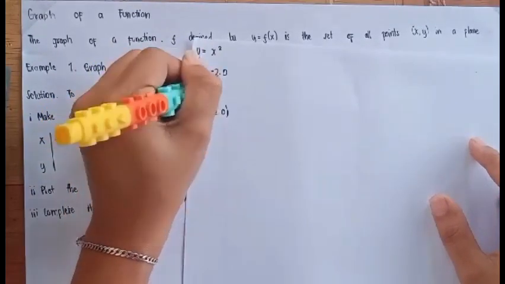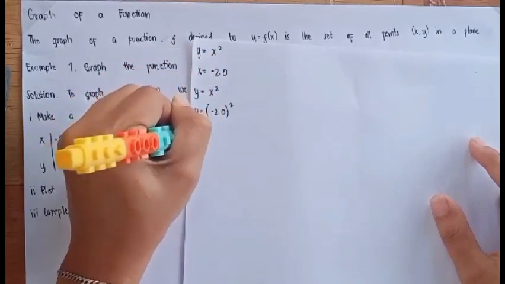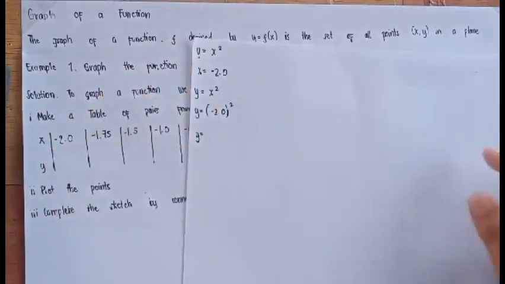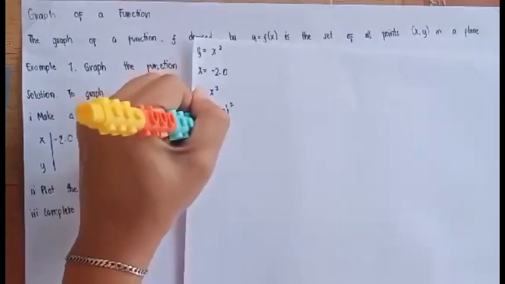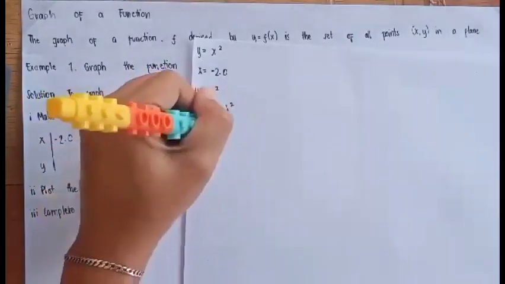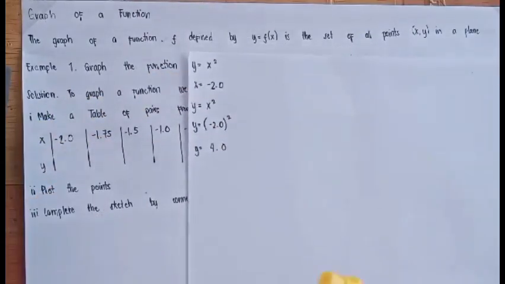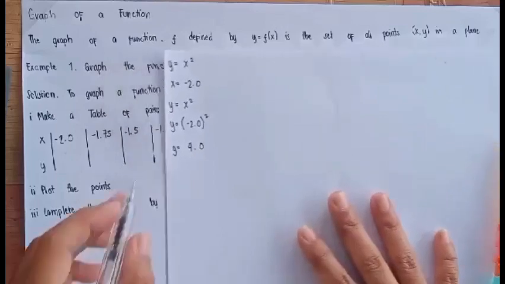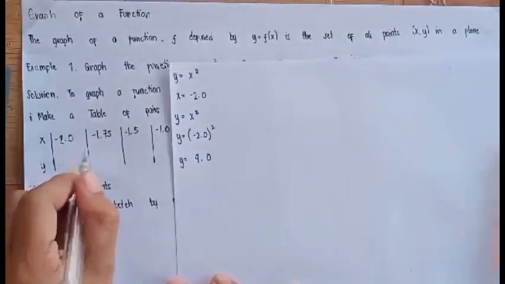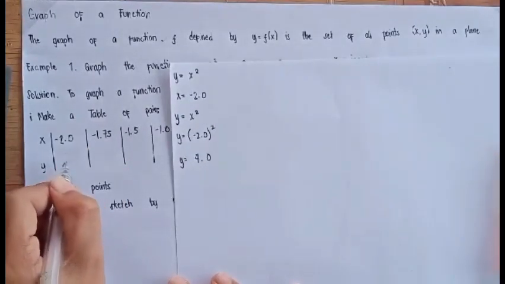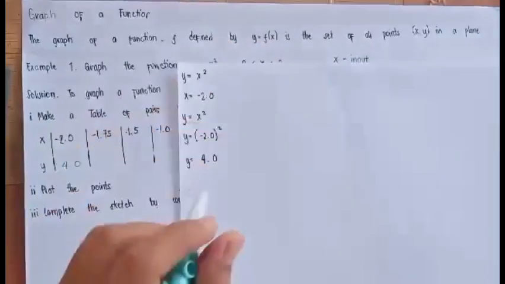Then the value of our x is negative 2.0 and then squared. Just solve it. The answer is 4 or 4.0. So we will write the 4.0 in the y table. So if our x is negative 2.0, then our y is 4.0.